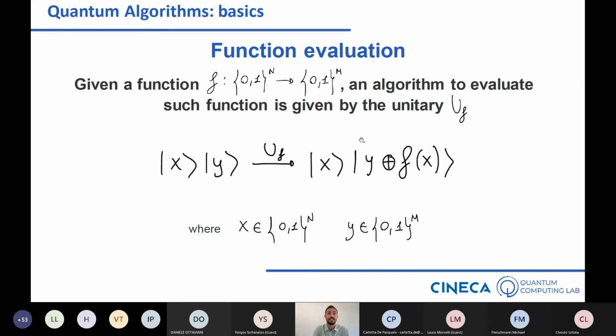However, it's a definition of a unitary that evaluates, in quantum terms, an algorithm that evaluates the function. Which means that by changing x, you evaluate f on a different input, okay?